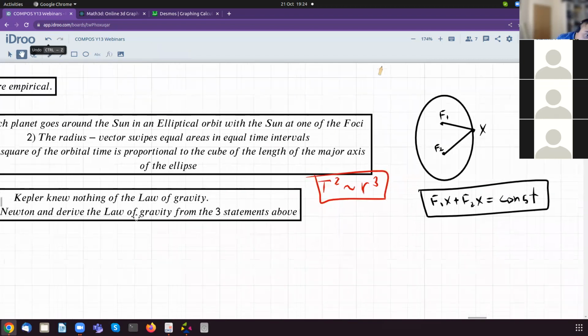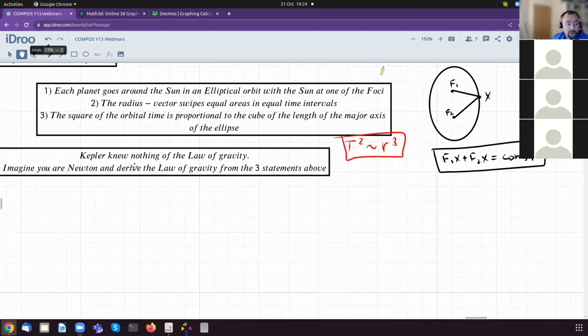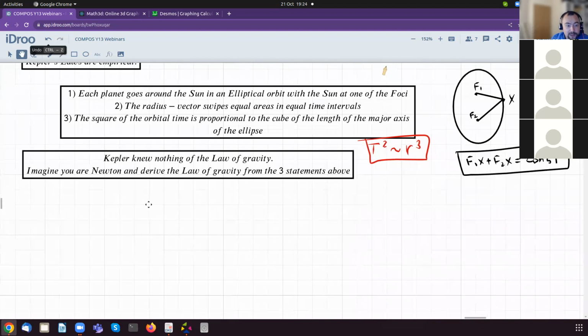Now, Kepler knew nothing about Newton's law of gravity. Newton's law of gravity was discovered after Kepler's laws. So I would like you to imagine that you are Newton, and from these three statements, you need to derive Newton's law of gravity, or insert your name, law of gravity.